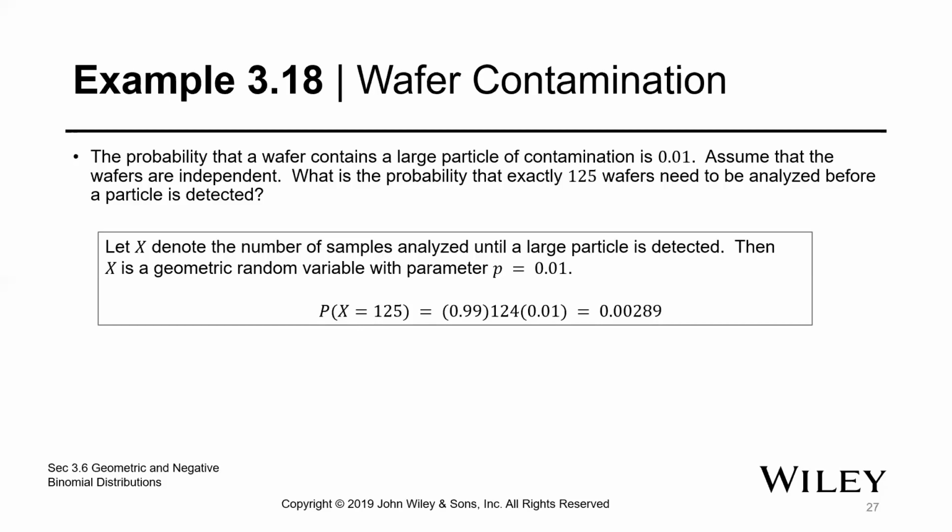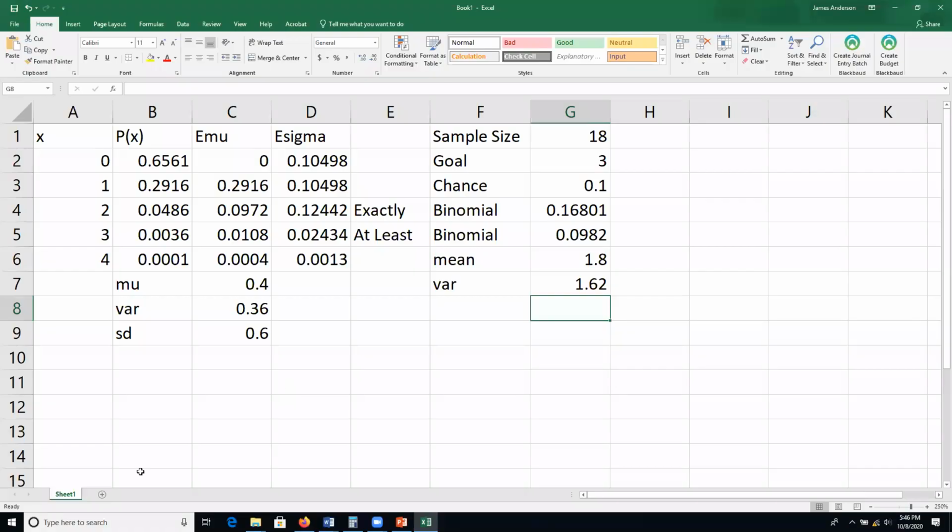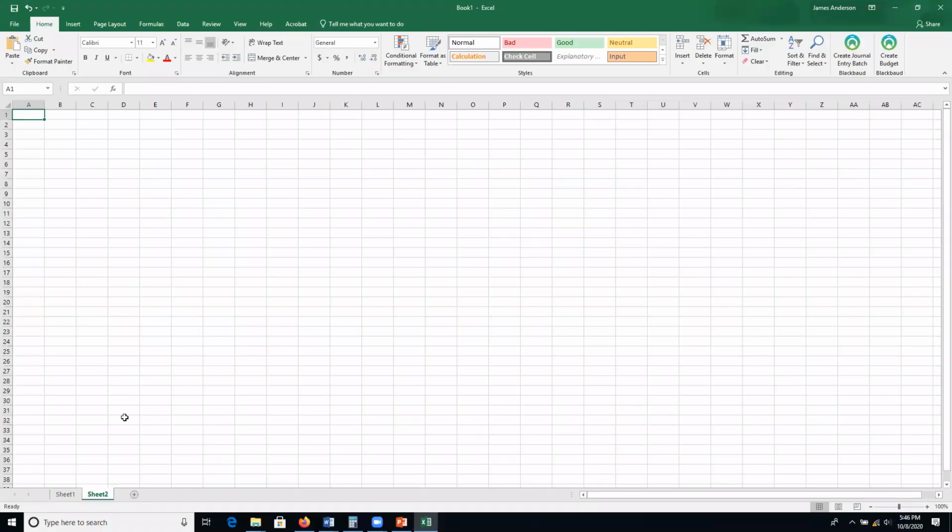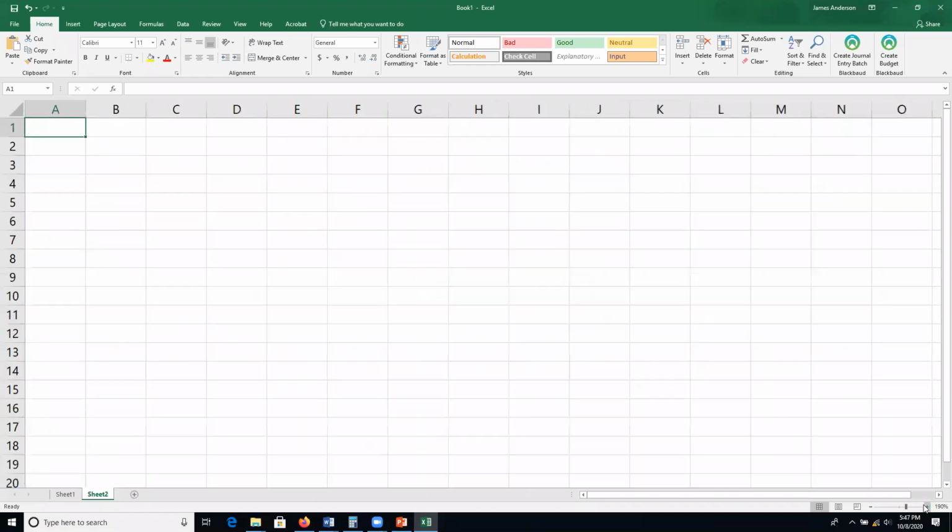So if I had probability p is 0.1, and 1 minus p that is 0.9.